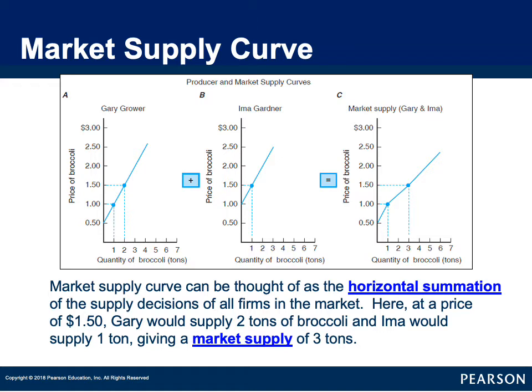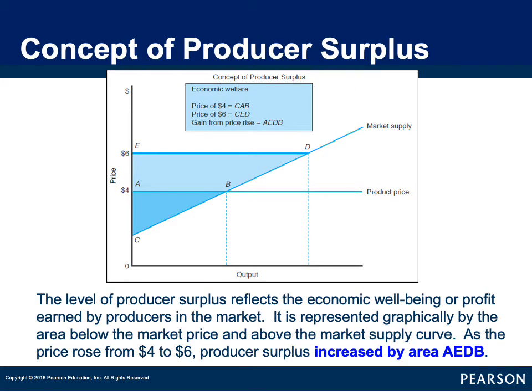As firms are added together, we understand that the producers are attempting to create their profitability, or we may also communicate that as producer surplus.